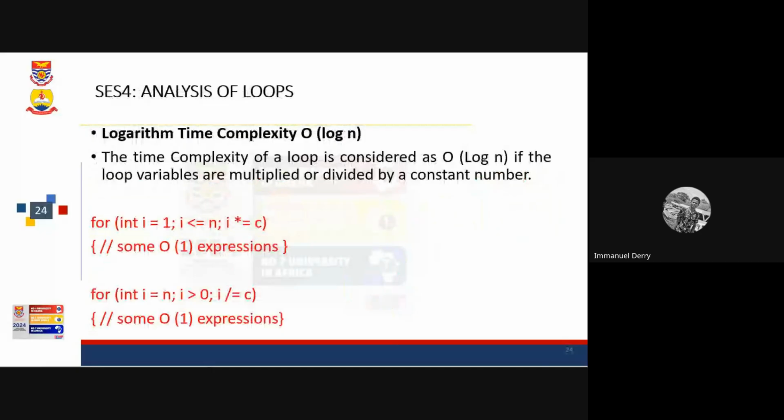Is there any other question? And then also we have the logarithmic time complexity, which is big O of log n. So this happens if the loop variables are multiplied or divided by a constant. Kofi Owusu.